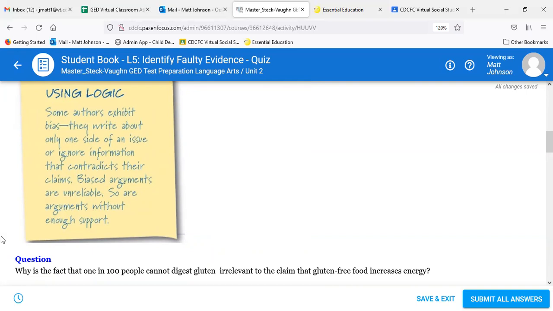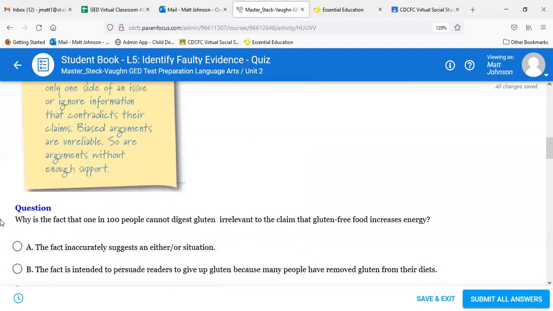If I were to write a paper, an article, a dissertation, and I only use the evidence that supports the claim, and I don't acknowledge that there is other evidence out there that does not support the claim, that's considered cherry picking. It's very biased, and it's not a complete argument, right?